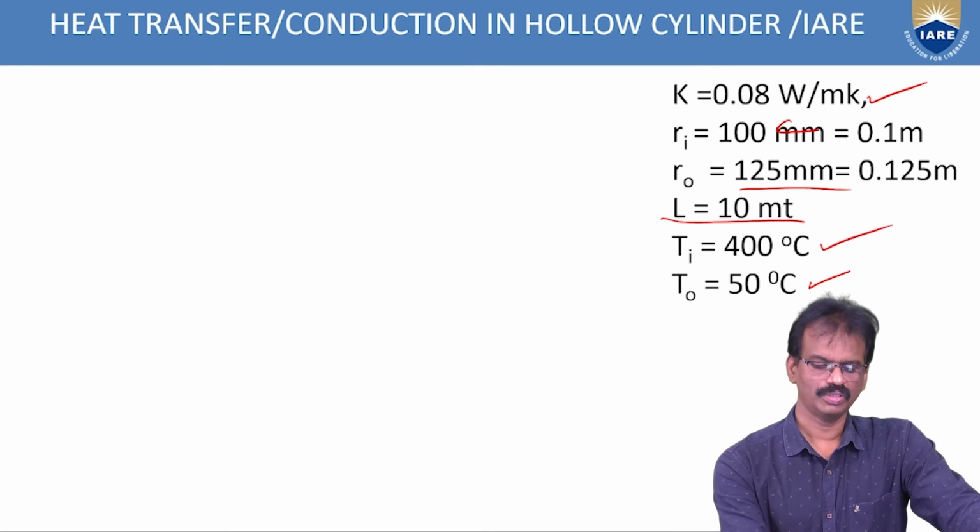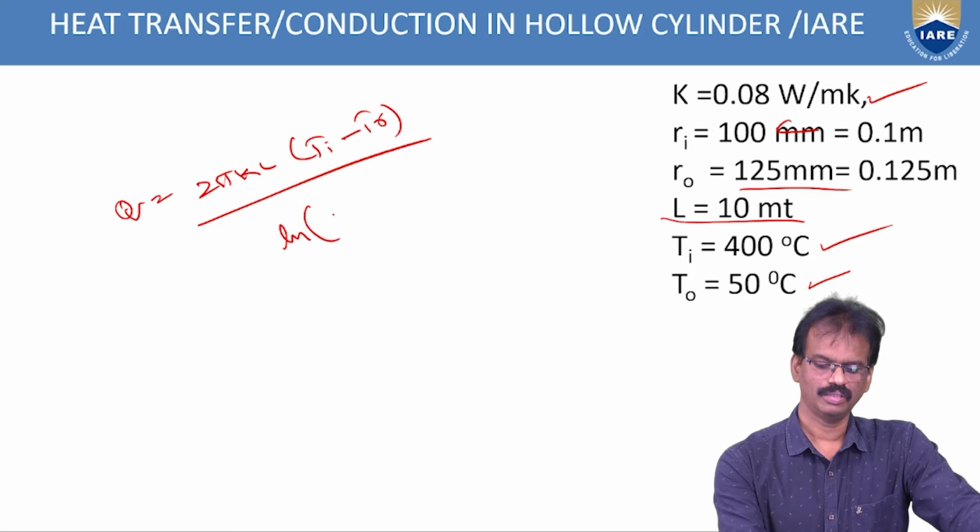According to the formula, Q is equal to 2 pi KL times (T inner temperature minus T outer temperature) divided by Ln(R naught by Ri).